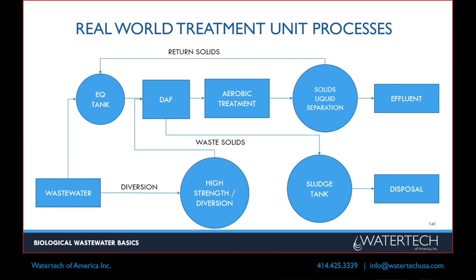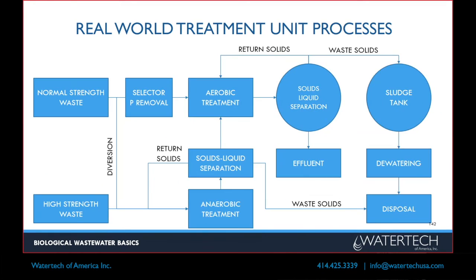And then they do their solids liquid separation and they send it out. They have a high strength diversion for those spills and things that come down. They can separate those and then bleed those back into the DAF and treat them if needed. And then their sludge tank for disposal. So in the real world, depending on each particular customer and who they're working with, things will still use some of the basic unit processes, but sometimes you see some pretty creative things done out in the field.